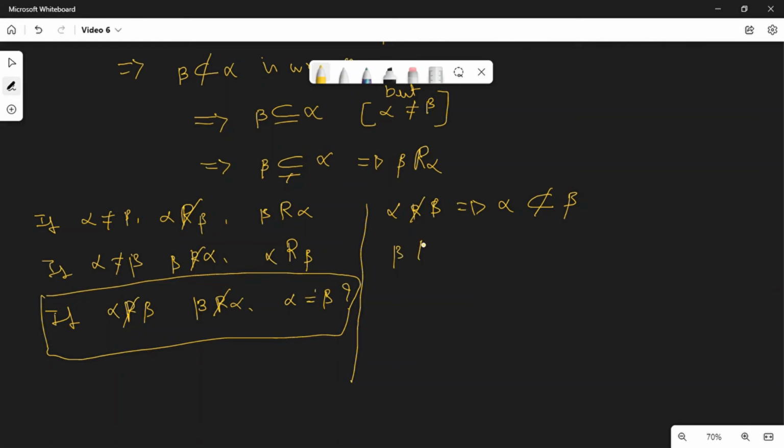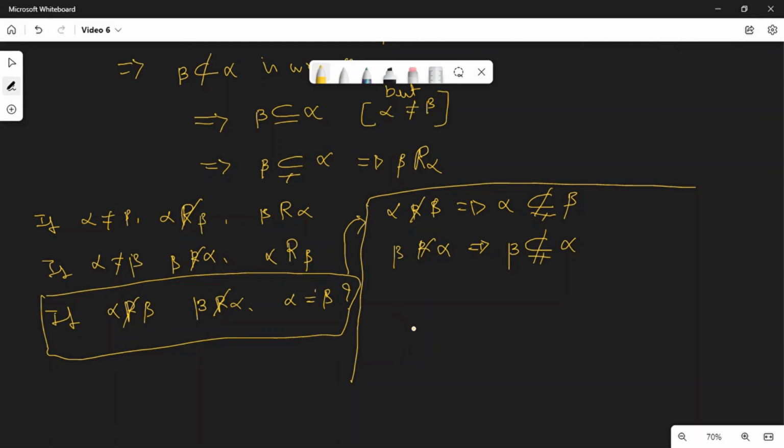Beta not related to alpha implies beta is not a proper subset of alpha.